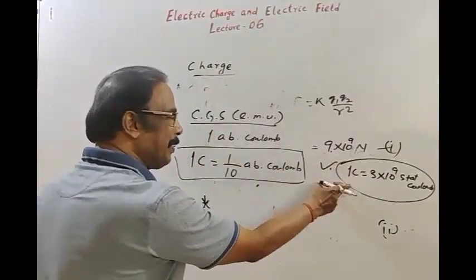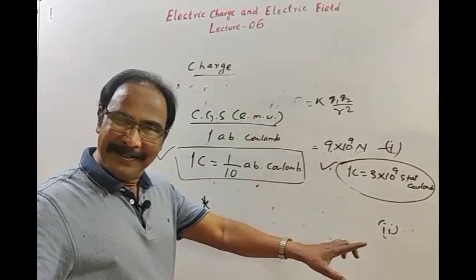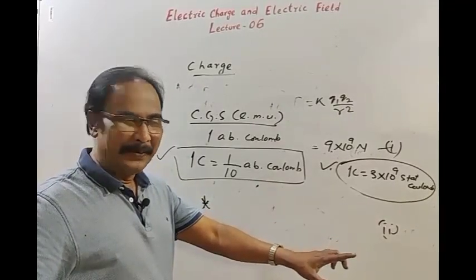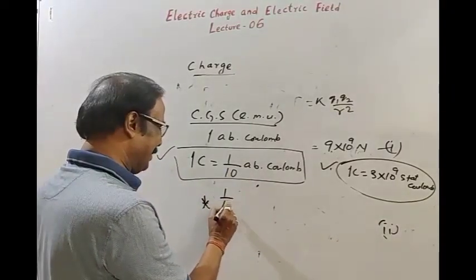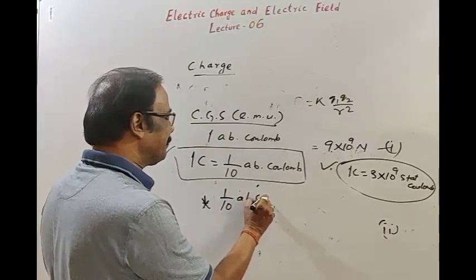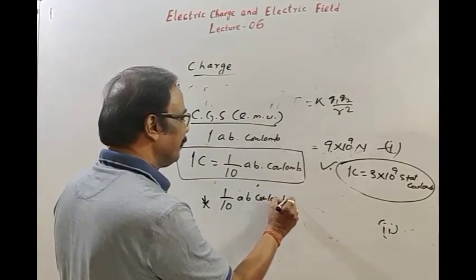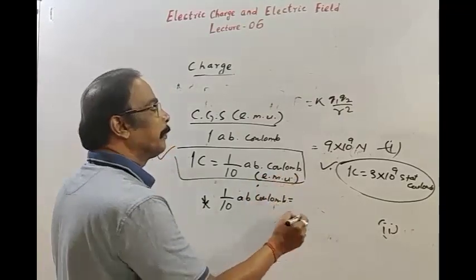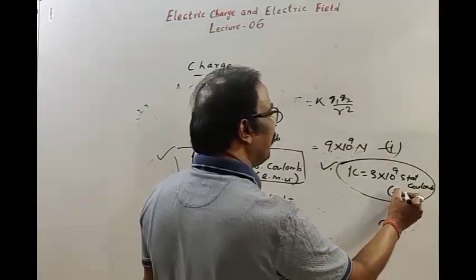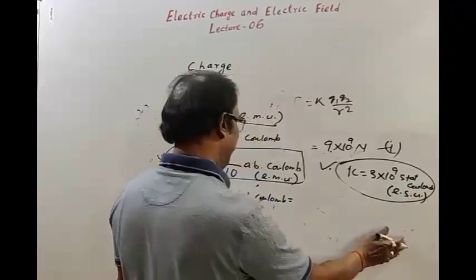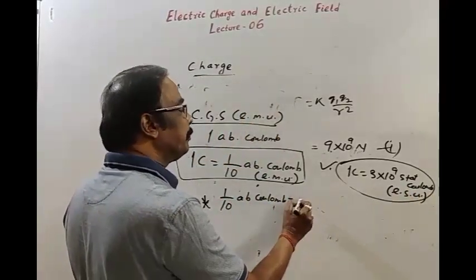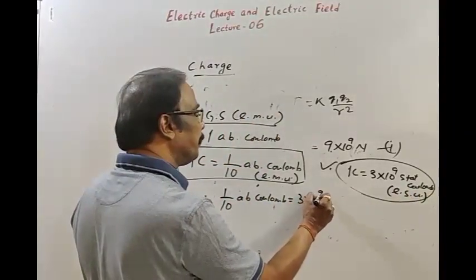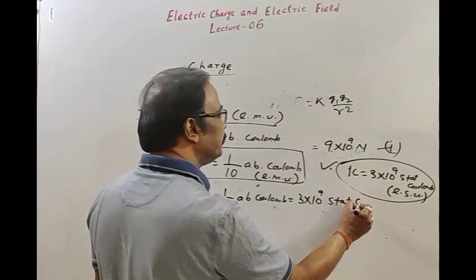1 Coulomb equals 1 by 10 absolute Coulomb, or EMU of charge, and 1 Coulomb equals 3 into 10 to the power 9 stat Coulomb, or ESU of charge. Equating the right sides, 1 by 10 absolute Coulomb is equal to 3 into 10 to the power 9 stat Coulomb.